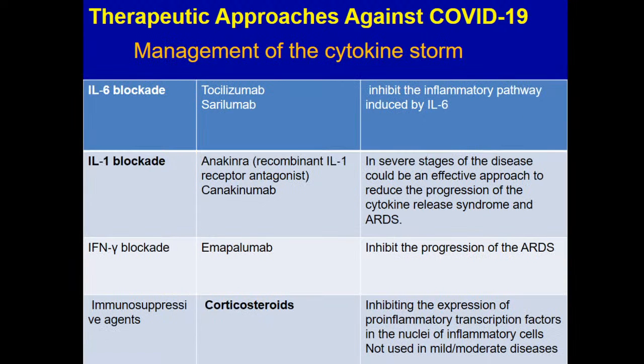Finally, we have the drugs for management of the cytokine storm. Here we mainly have blockers of interleukin 1 beta, gamma interferon, interleukin 6, and basically corticosteroids that inhibit the expression of pro-inflammatory transcription factors in the nucleus of inflammatory cells.